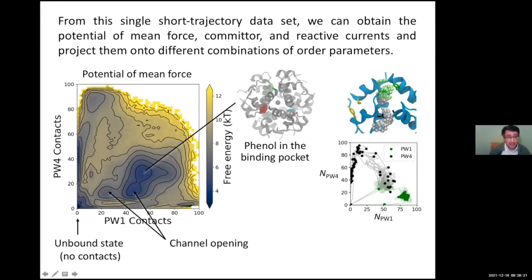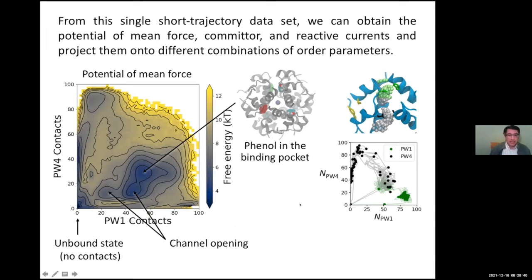So it's in essence the crystal structure. These couple other minima, those are with the channel open and varying degrees of the phenol coming out. And then when the phenol is totally unbound, we're at 0, 0. There are no contacts, okay?